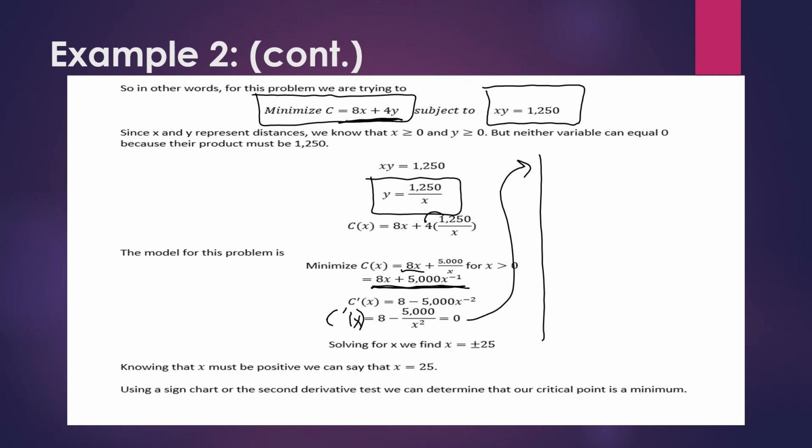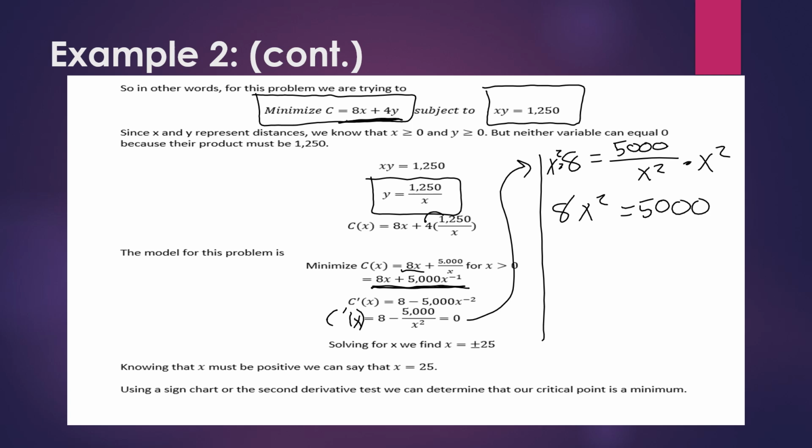I'm going to move that 5,000 over x squared to the other side, so I'll get 8 equals 5,000 over x squared. Then multiply both sides by x squared. So I get 8x squared equals 5,000. Divide both sides by 8. And that should give me 225.